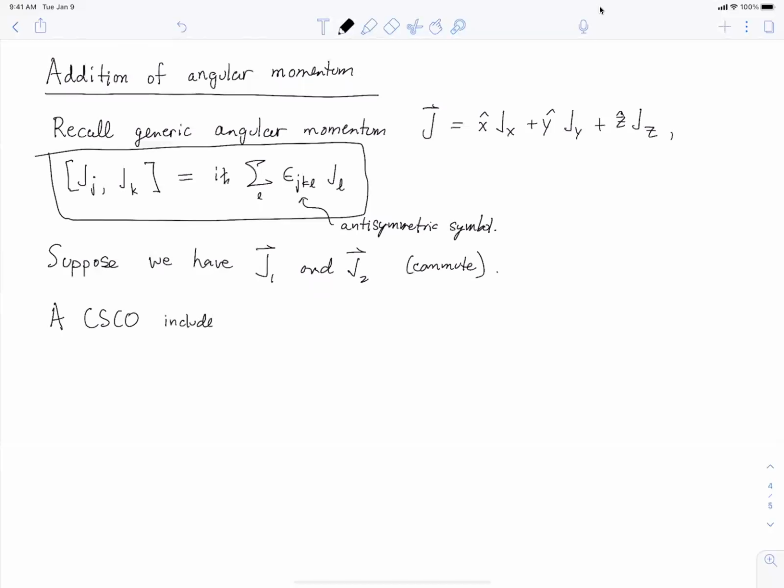And one way to make a complete set of commuting observables is to just take each of the complete set of commuting observables for the different angular momenta and combine them. So you could have J1 squared and J1z and J2 squared and J2z.